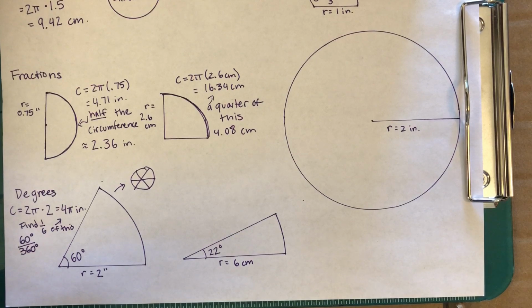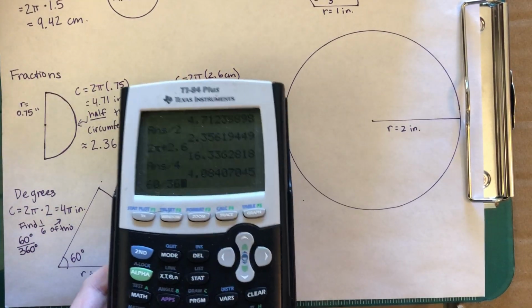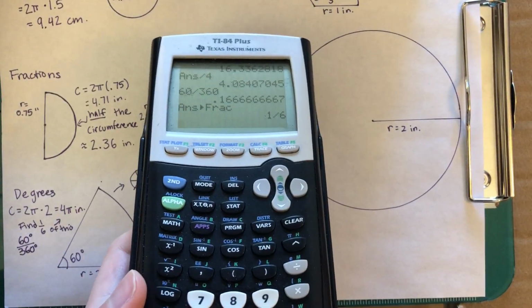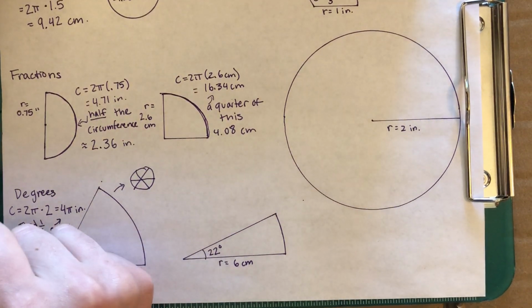That number is the same as 1/6. If I type 60 divided by 360, that's the same as 1/6. But I can put any number of degrees out of 360 and use that to figure out the arc length from the circumference.